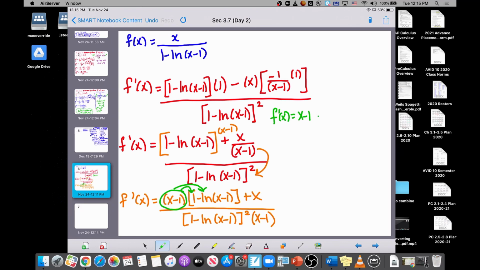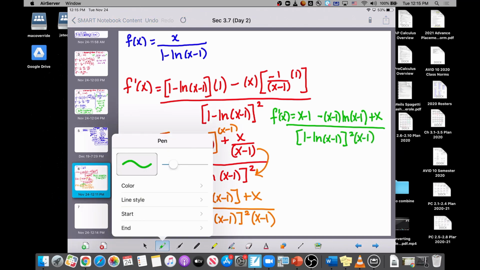And then I've got the negative x minus 1 times ln of x minus 1 plus x over (1 minus natural log of x minus 1) squared times x minus 1.